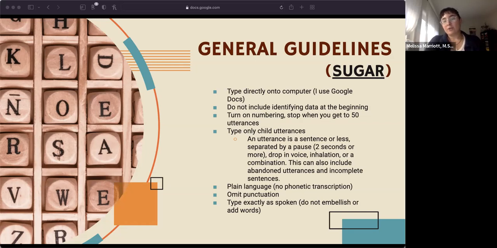I type in plain language, so I'm not worried about IPA format or any of that. I don't know personally anyone who has actually transcribed anything in IPA outside of when you're doing the Goldman Fristoe or something. I don't know anybody who's ever done a language sample in IPA format.